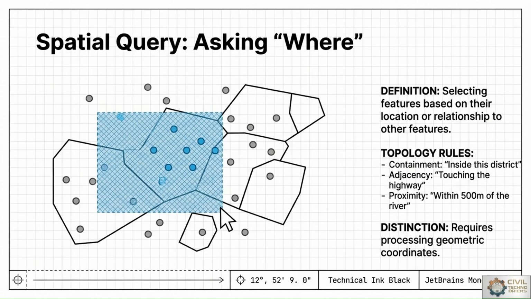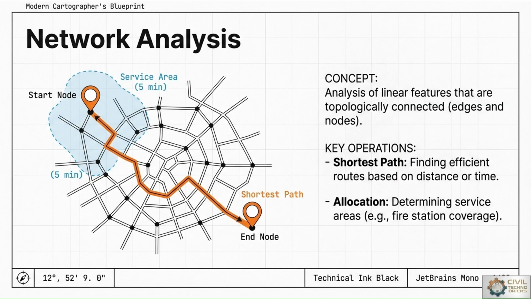In GIS, we use structured query language, SQL, to perform this task, where municipal engineers use querying as the primary tool for asset management, instantly identifying which parts of an infrastructure network require maintenance, monitoring based on age or material properties. Next part is the network analysis.